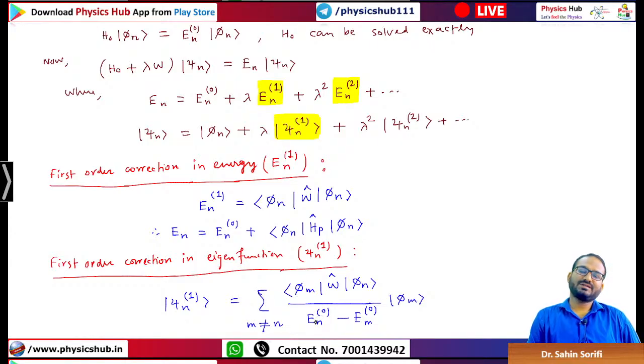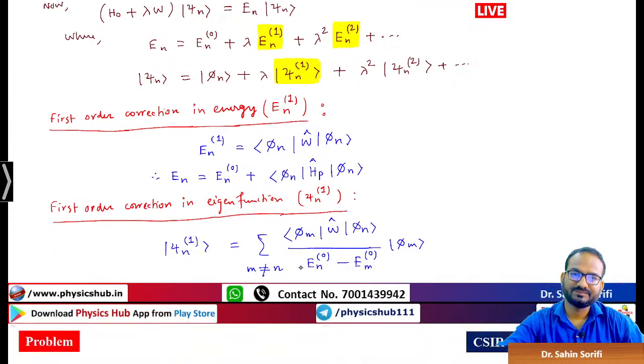You can see En0 is the nth state energy for the unperturbed case. Em0 means the mth state energy for the unperturbed case. So this is the first order correction in the eigenfunction psi n1.